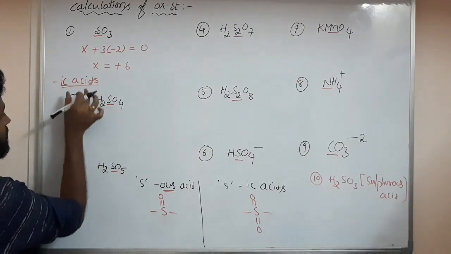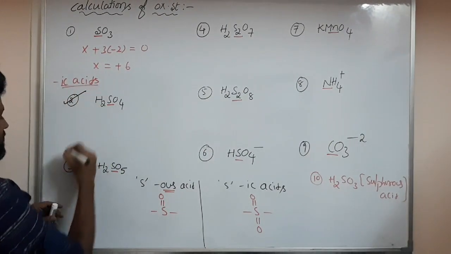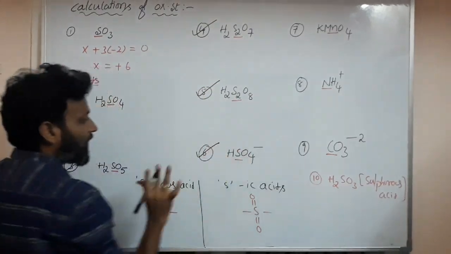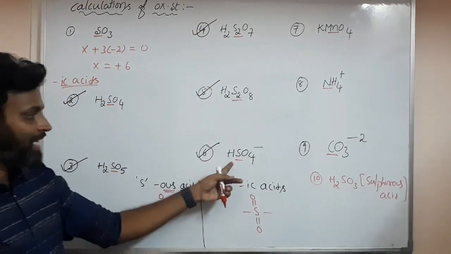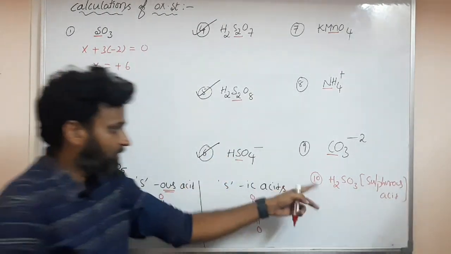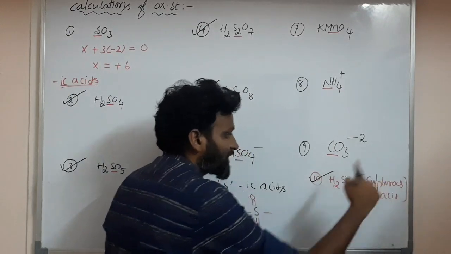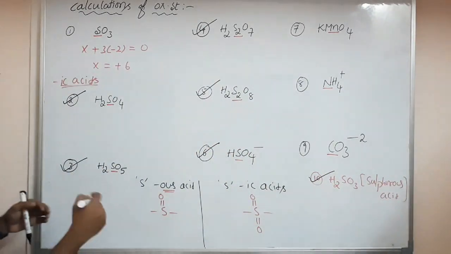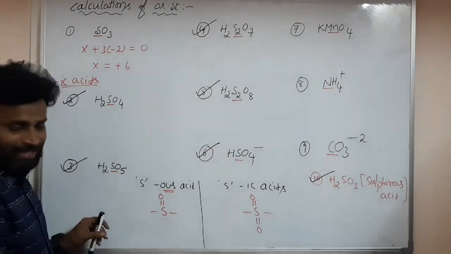Please remember, these are all ic acids. This second one is ic acid, third and fourth, fifth and sixth are ic acids. This is the ic acid ion after loss of H plus. This H2SO3 is us acid, its name I wrote sulfurous acid. I'll start with the us acid here.